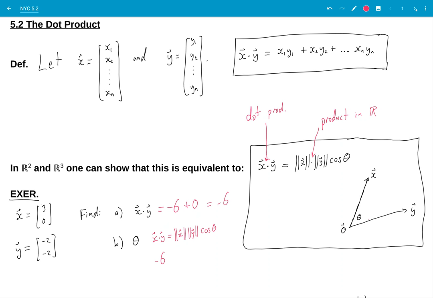So that's minus 6 on the left. We found that in part A. The length of x, just looking here, I can see it's going to be 3. The length here is root of 8, which is 2 root 2, cos theta.